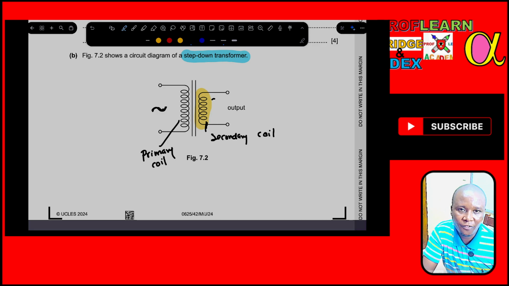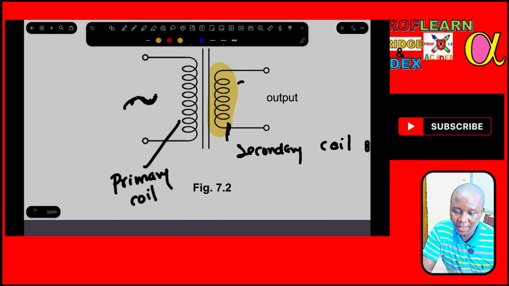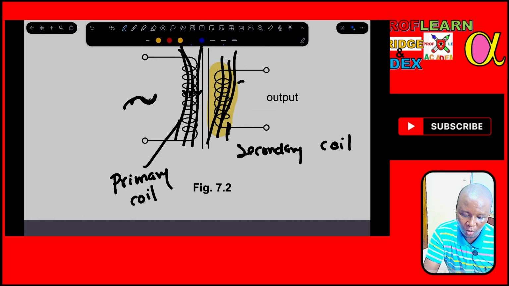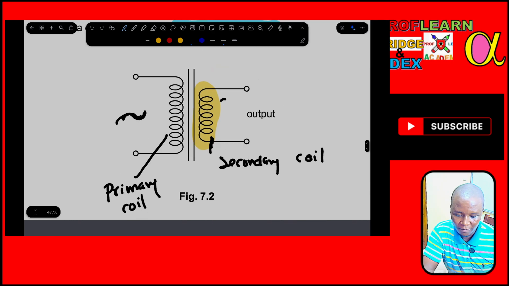Get me right: when alternating current flows through the primary coil, changing magnetic fields are created around this primary coil. This changing magnetic field will cut through the secondary coil, and when it does, an EMF is induced in the secondary coil through electromagnetic induction.